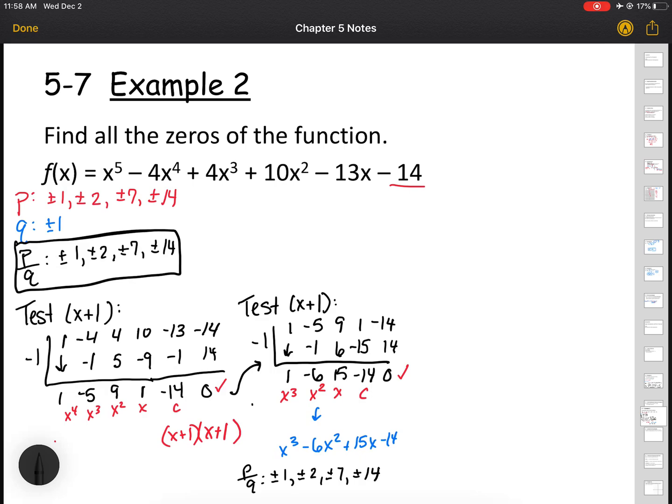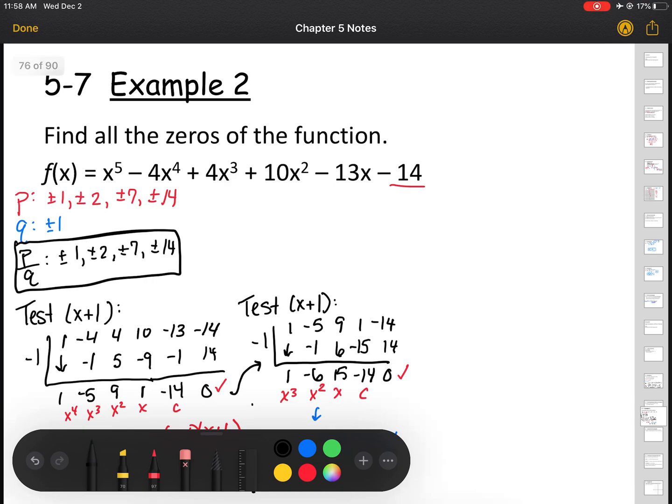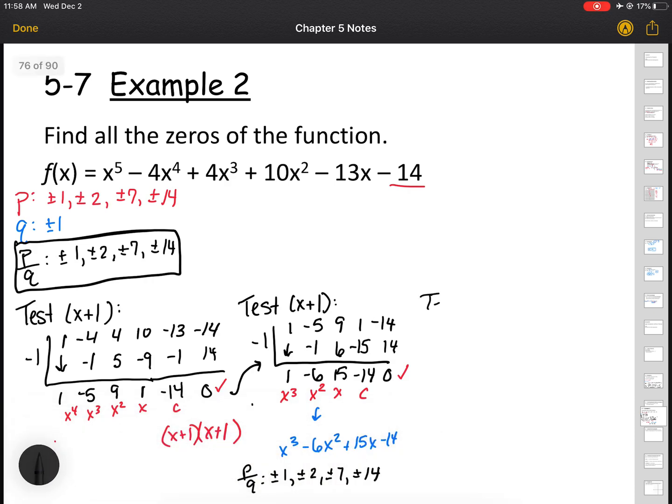Let me try to test x minus 2, or it'll be 2 when I flip that sign. And again, I'm going to use this polynomial here: x to the third power minus 6x squared plus 15x minus 14.